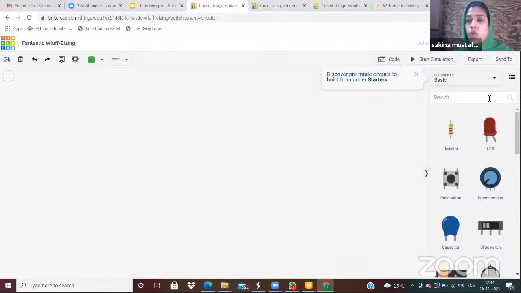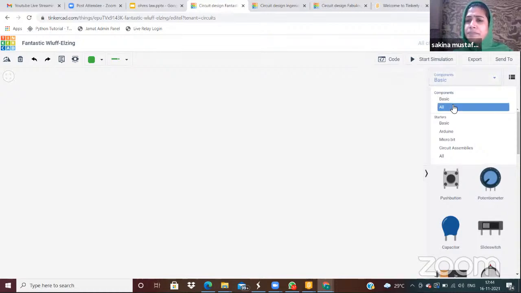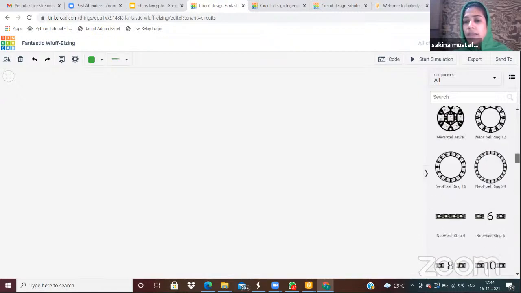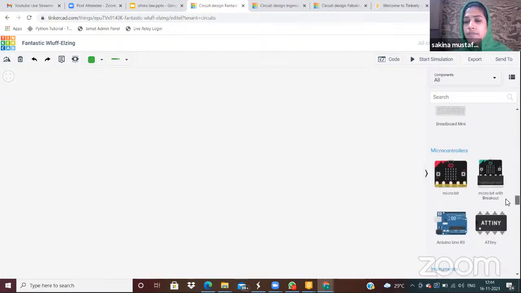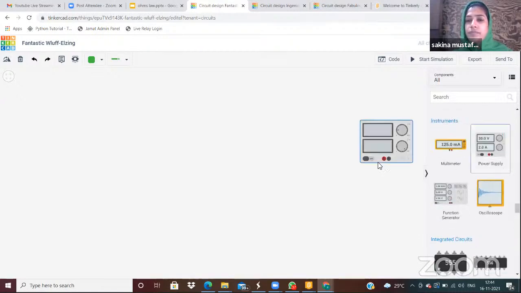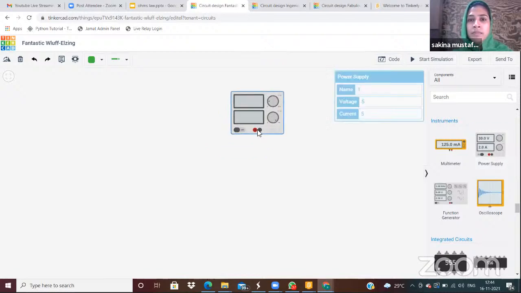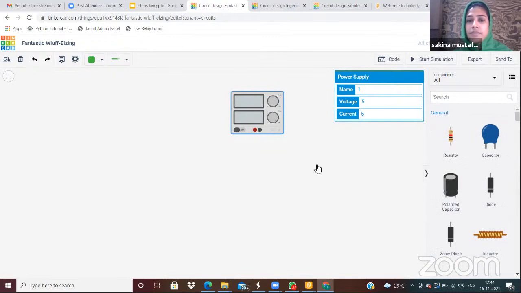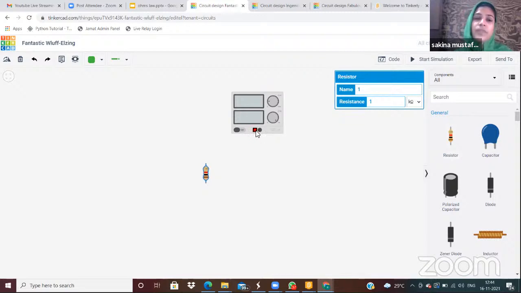So for Ohm's law, first we'll go with the basics of the power supply and the resistor. Okay, this I have taken. And the resistor. Okay, so this is simple. I'm not taking any bulb.